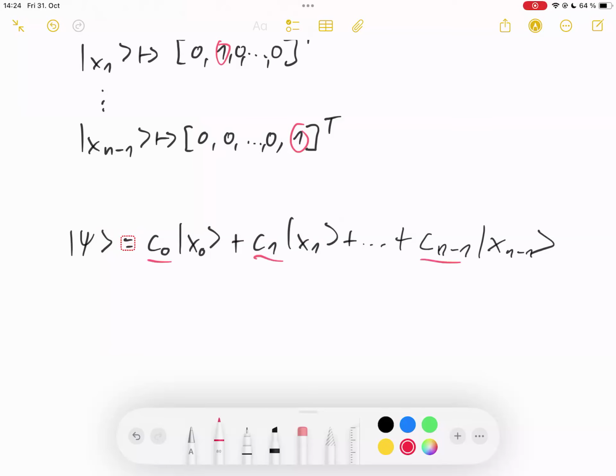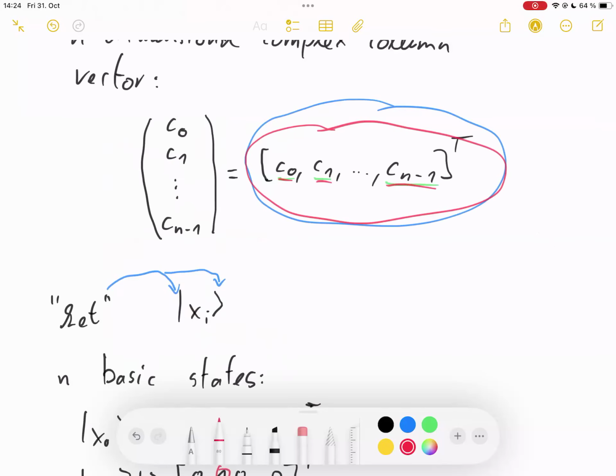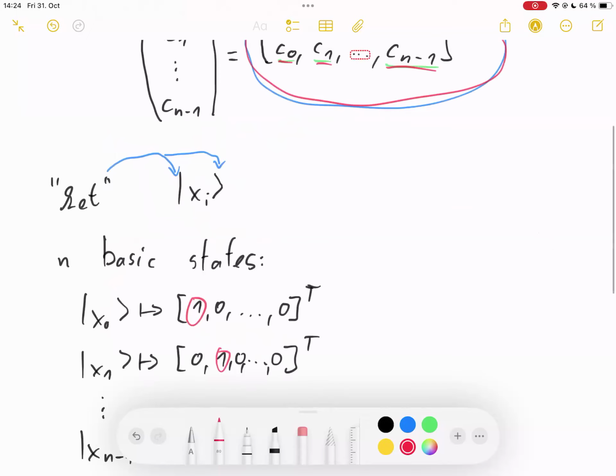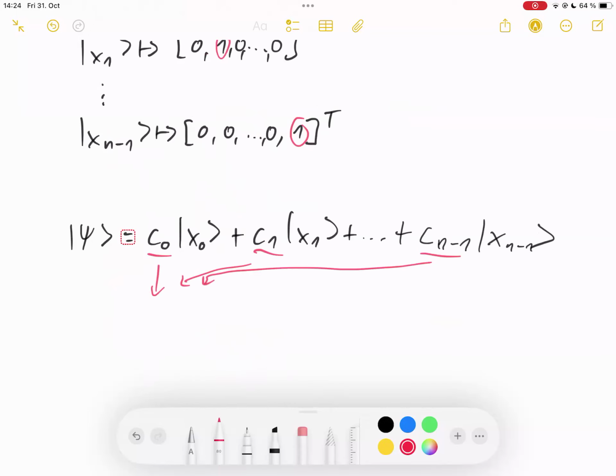And these complex values are something we now call complex amplitudes, or complex probability amplitudes. We look at this now from a very generic perspective.